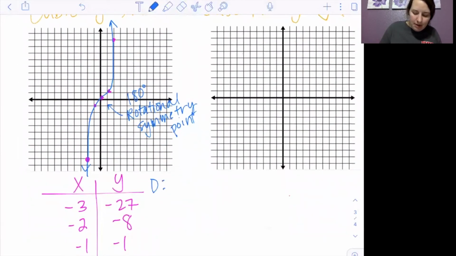The nice part about that is your cubic function is always going to have a domain and a range of all real numbers. Doesn't matter if we transform it, flip it, rotate it, it always has a domain of all real numbers. You're going to see the same is true for our cube root function.